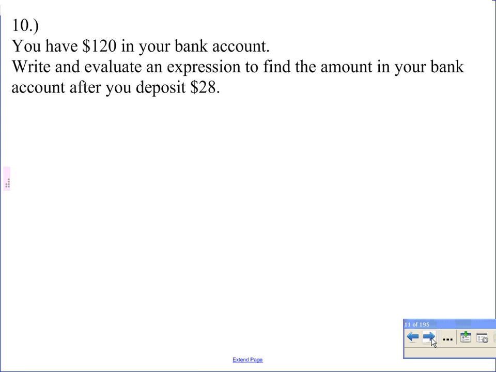Okay, number 10. So let's pretend like we all only have $120 in our bank account. That's it, okay? We need to write and evaluate an expression to find the amount in your bank account after we deposit $28. So we need to write an expression, which means we do not have an equal sign.